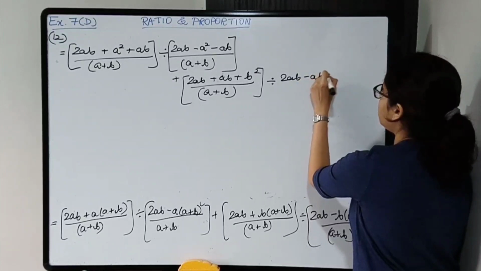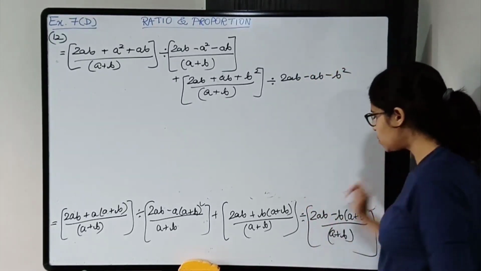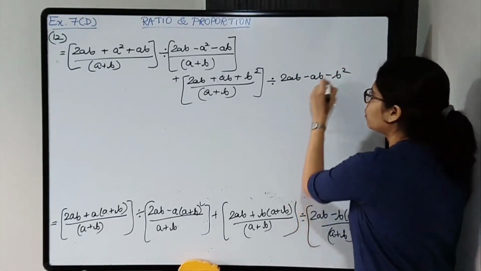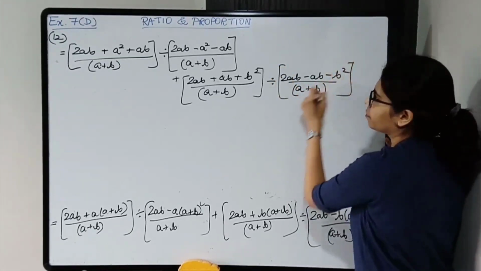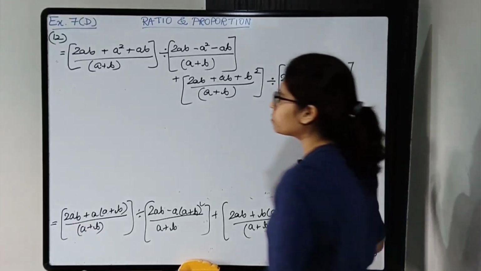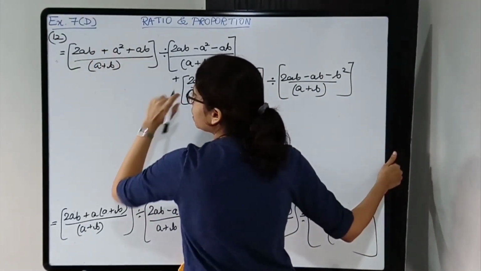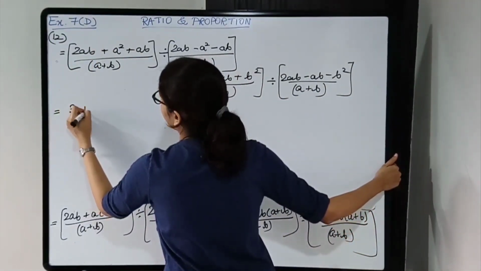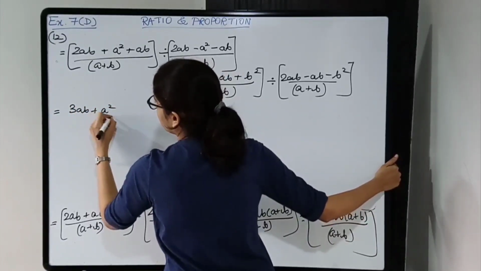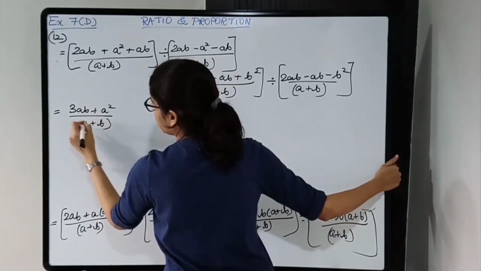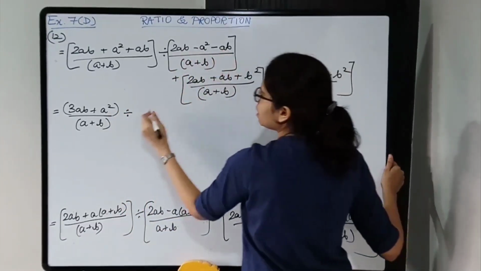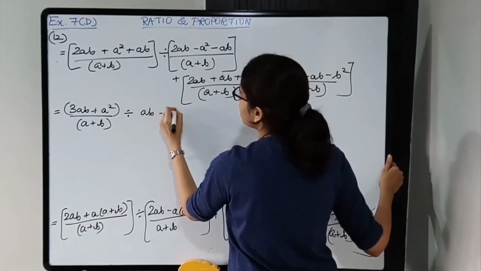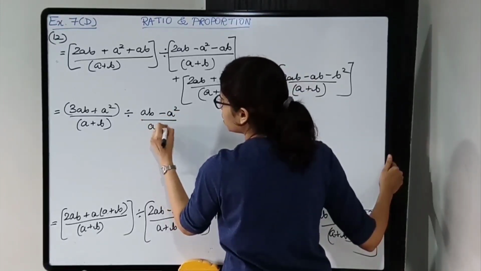2ab minus ab minus b square will be there, right? Signs will change, so upon a plus b. Now 2ab plus ab will be 3ab plus a square upon a plus b, divided by 2ab minus ab gives ab minus a square upon a plus b.